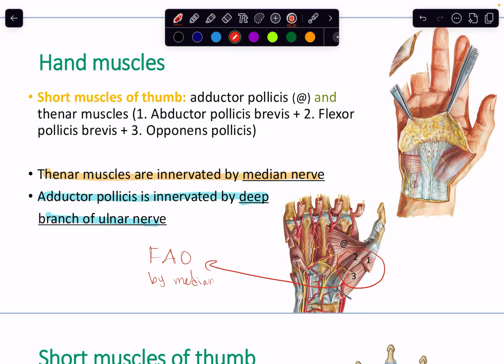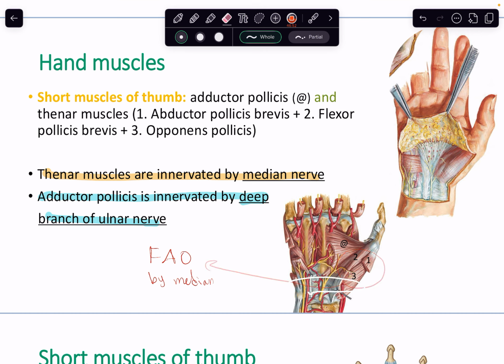Now F, flexor pollicis brevis, and for the digit, flexor digiti minimi. A for abductor pollicis brevis, abductor digiti minimi. O, opponens pollicis, or opponens digiti minimi, right?